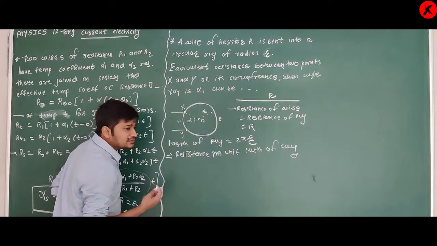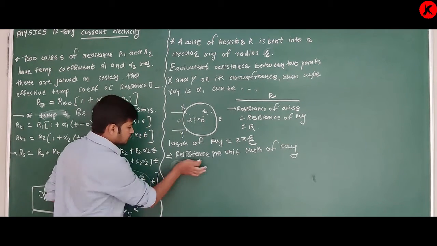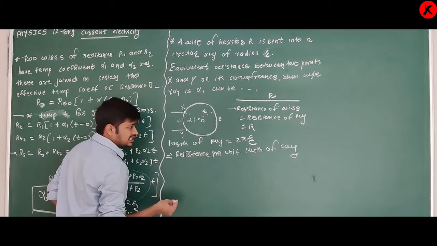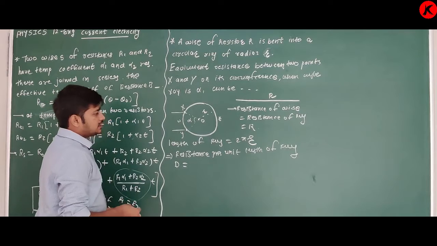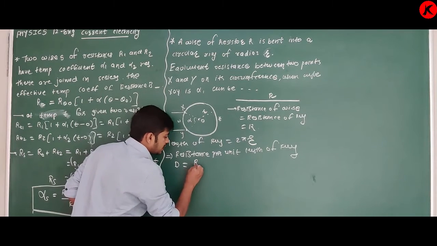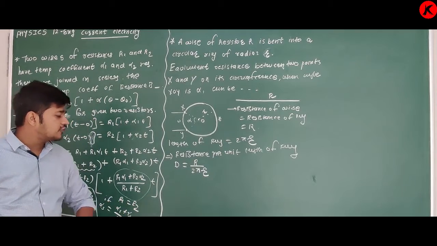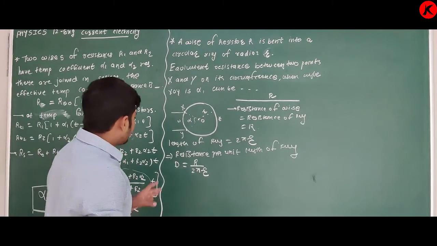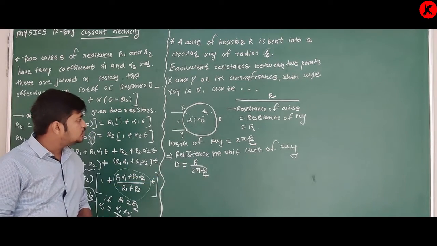I am indicating it by D. Then D is equal to R upon 2 pi r. So the resistance per unit length of the ring, D, is equal to R upon 2 pi r.